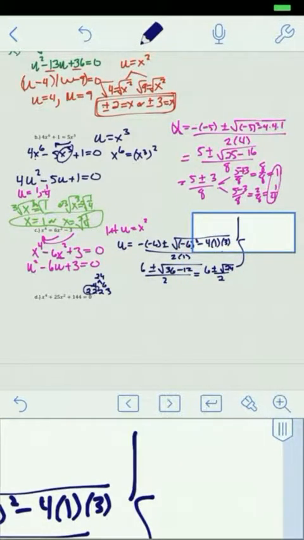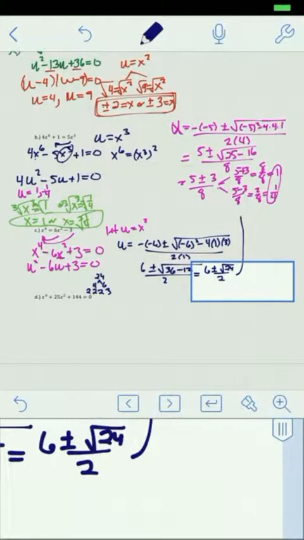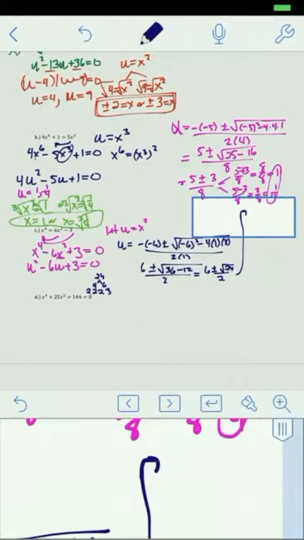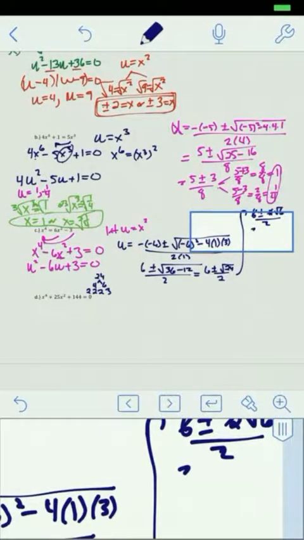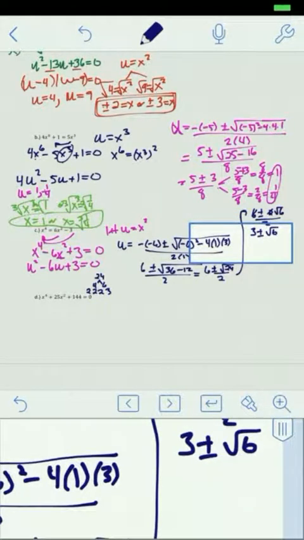So I have 6 plus or minus 2 root 6, over 2. Cancel, cancel, cancel. I end up with 3 plus or minus root 6 over 1. So I don't really need to write the over 1.